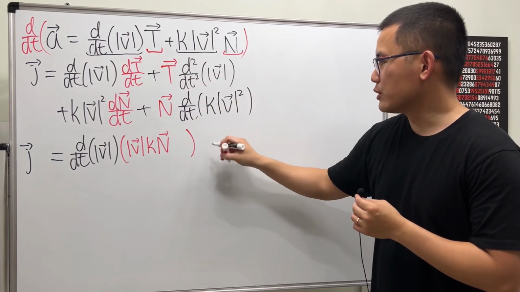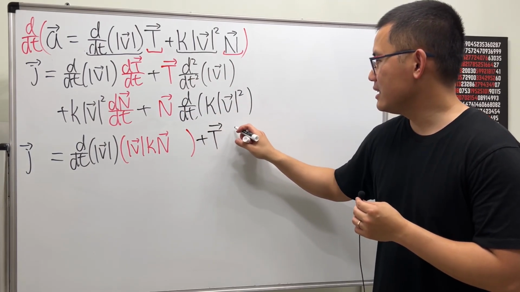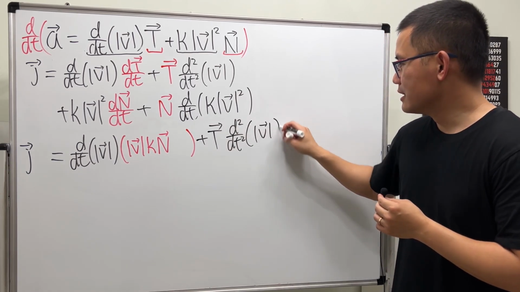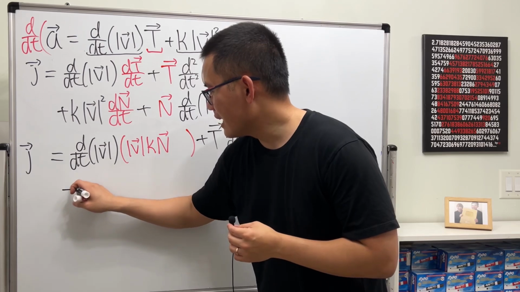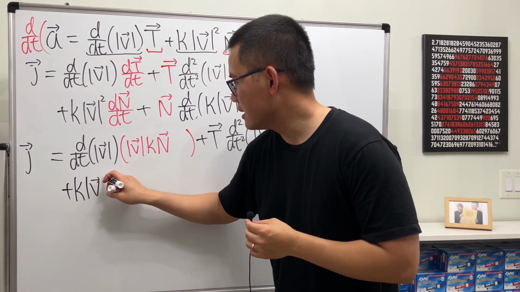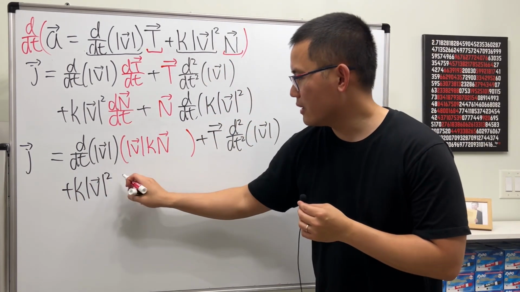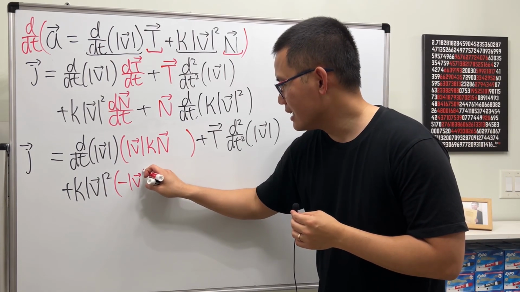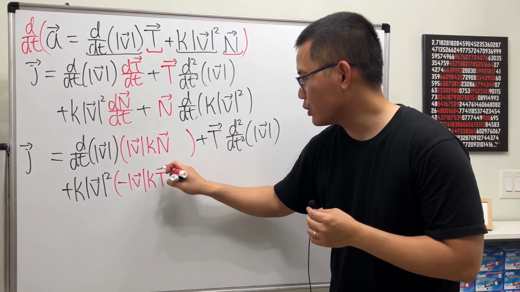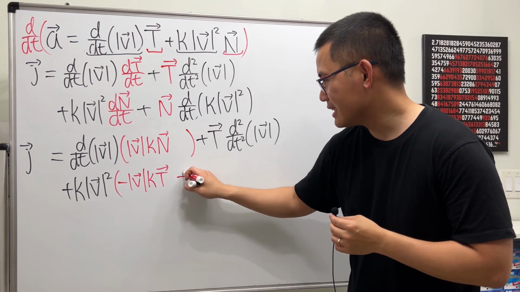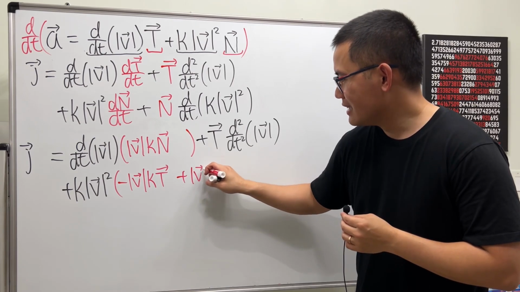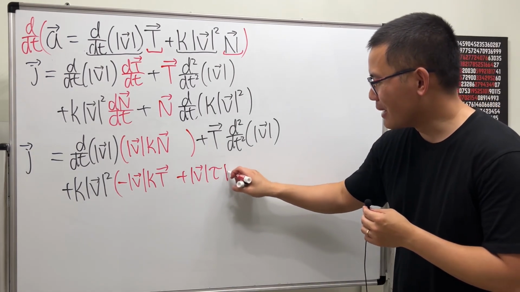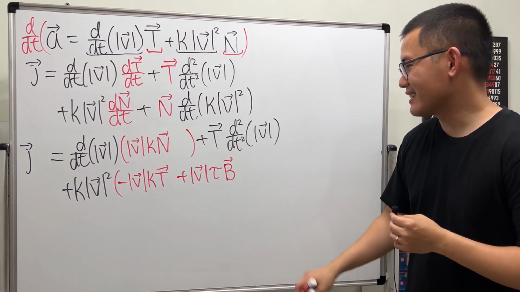And then this right here, I'll just keep it. So plus t times the second derivative of the speed. And then continue. Plus kappa times the speed squared. And for this right here, look back to the previous board, you get negative speed times the curvature kappa times the unit tangent vector plus the speed times the torsion tau, and this is how we squeeze out the torsion tau, and then we multiply by the unit binormal vector.